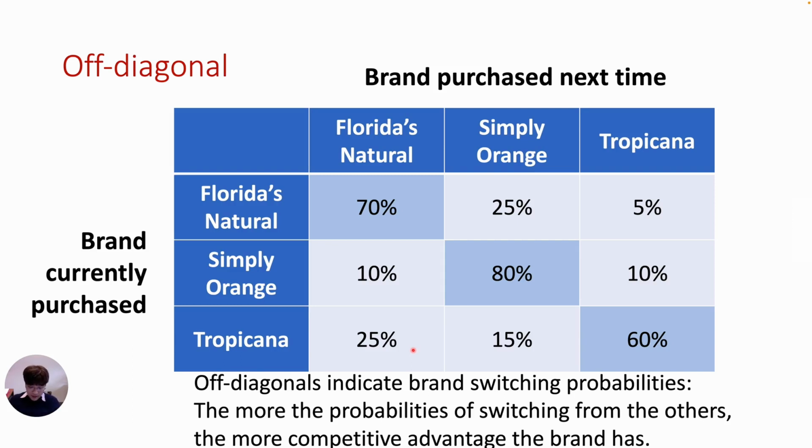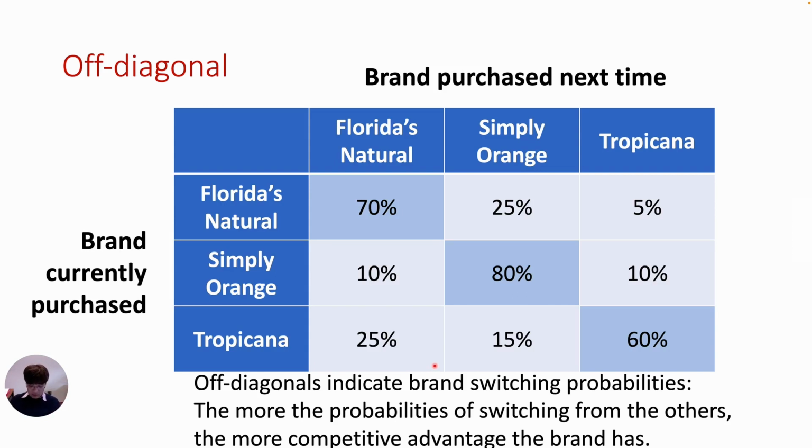Let's look at the table column-wise. Each column indicates each brand to be purchased next time. So, the off-diagonal probabilities in each column mean the probability of brand switching from the competitors to each brand. For example, let's look at the column of Florida's Natural.